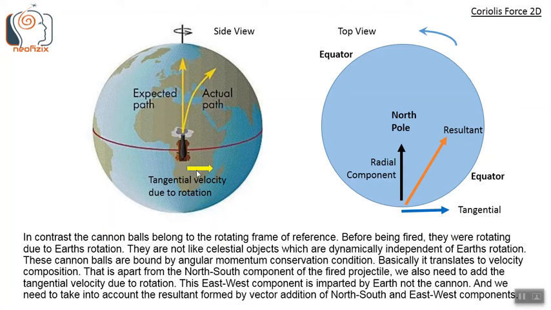That is, this east-west component is imparted by the Earth due to its rotation, and it is not by the cannon. So this north-south component is fired by the cannon, and the east-west component is from the Earth's velocity, and we need to add both to get the resultant velocity of the cannonball. So we need to take into account both the radial component and the tangential component to get the resultant formed by this vector addition.